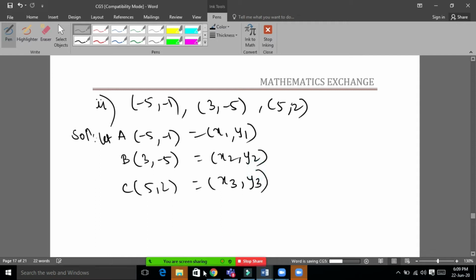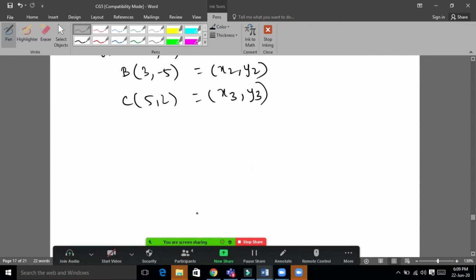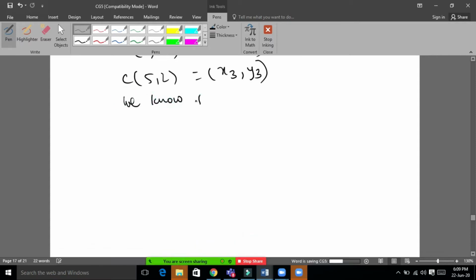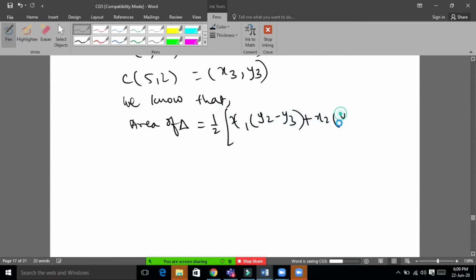So we write down the formula for the area of triangle: half into [x1(y2 - y3) + x2(y3 - y1) + x3(y1 - y2)]. Bracket complete.